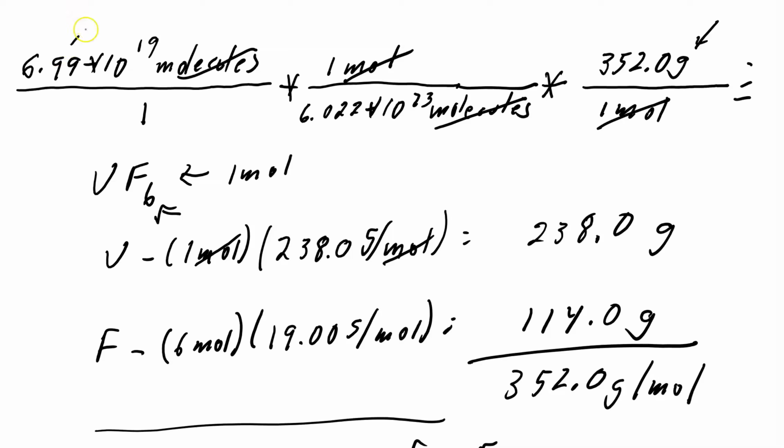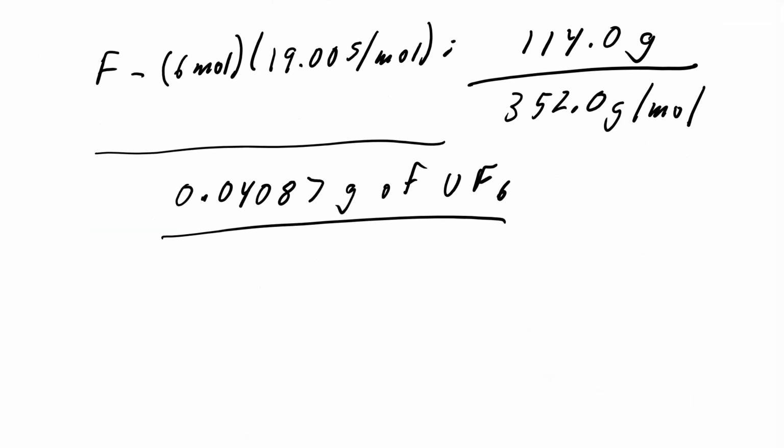I apologize. Our starting measurement had 3 significant figures. So we need to round this. So our correct answer is going to be 0.0409 grams of UF6. So let's highlight that in yellow. This is my correct answer with the correct number of significant figures.